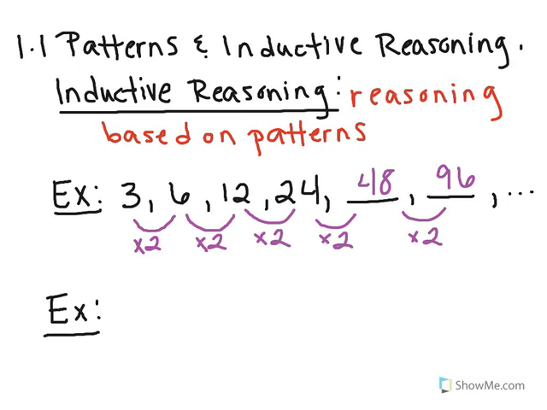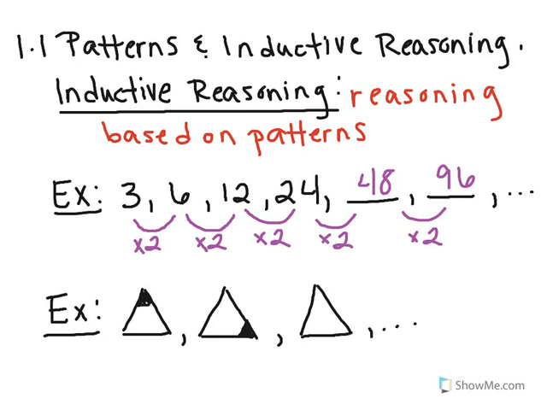So how about if I have a triangle and this top part is shaded, and the next figure that I have is also a triangle, but this time this corner is shaded. What do you think the next triangle is going to be looking like?